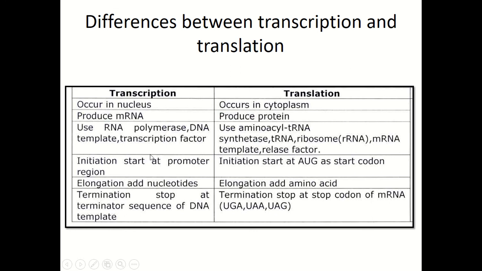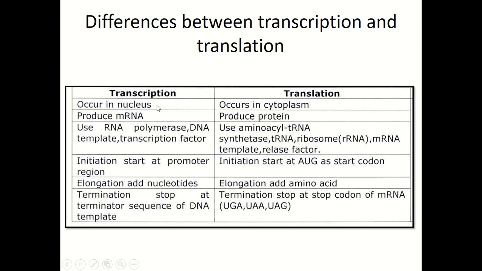Okay, so transcription starts at the promoter region, meanwhile translation starts at the AUG as a start codon. In transcription, during the elongation phase, they add nucleotides brought by the RNA polymerase. Meanwhile, in translation, during the elongation phase, they add amino acids, not nucleotides, that are brought by the tRNA here.